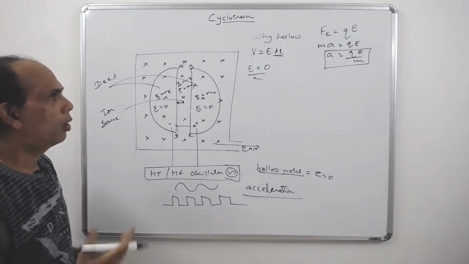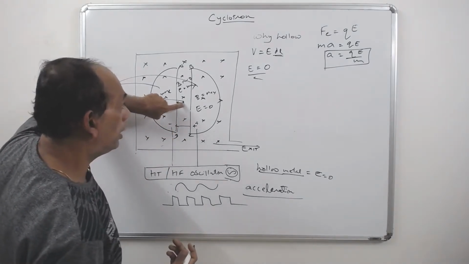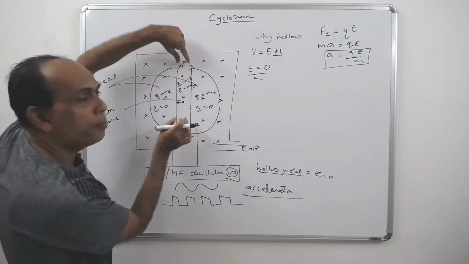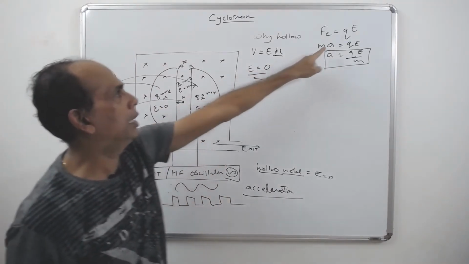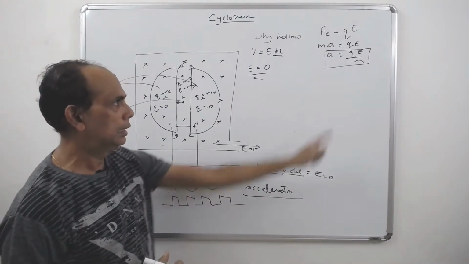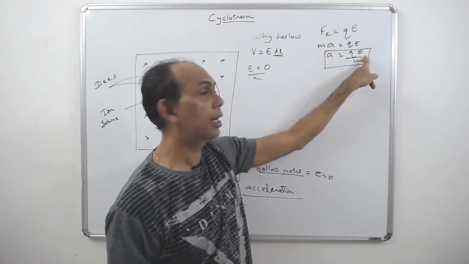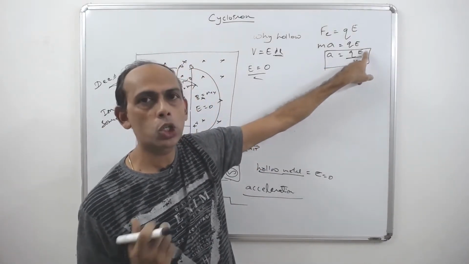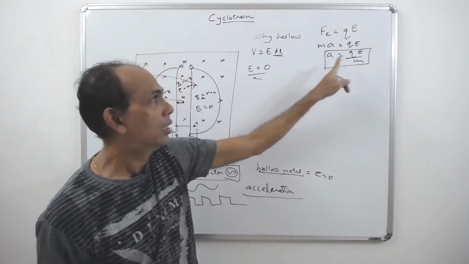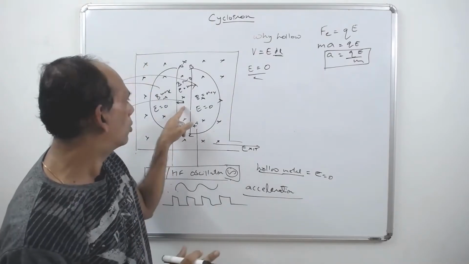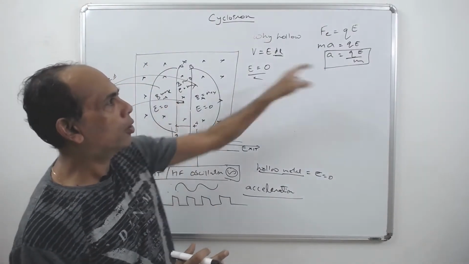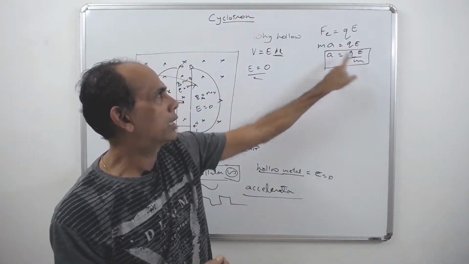So how does it behave? In the region where the electric field is maximum, the particle will come rushing to the left because it is being accelerated. The acceleration all depends on the electric field. The stronger the electric field, the higher the acceleration. This is where the electron fails, because the electron has a very small mass, so the acceleration becomes very high.